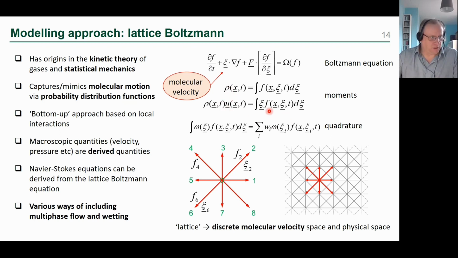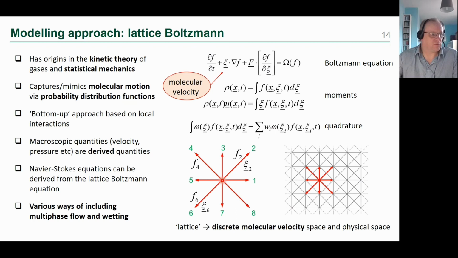By doing these integrals by quadrature, we introduce some discrete molecular velocities. That introduces the idea of this lattice, where you think of information as jumping from one site to the next, one node to the next in the lattice. You can see that we've got 9 different velocities in this diagram.